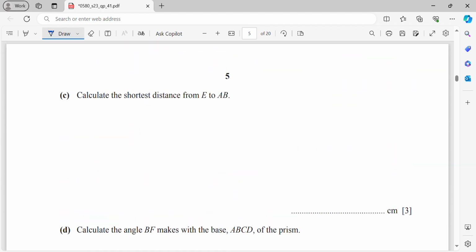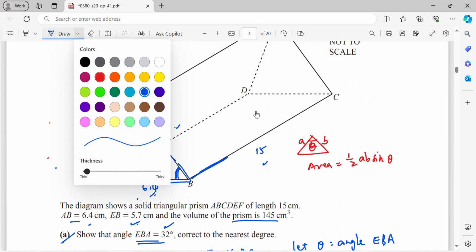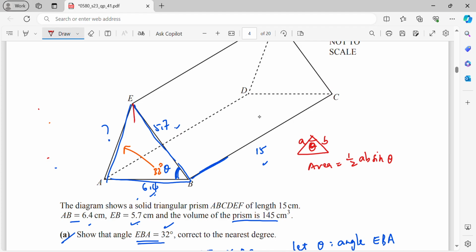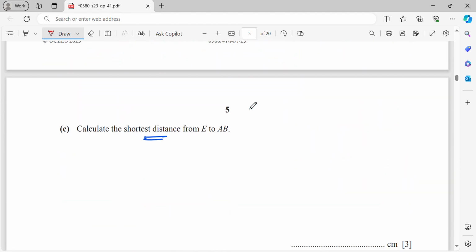Okay, now C, calculate the shortest distance from E to AB. Shortest distance from E to AB means that is the perpendicular distance. You need to find out what this is. Let it be M. So now I will define first.